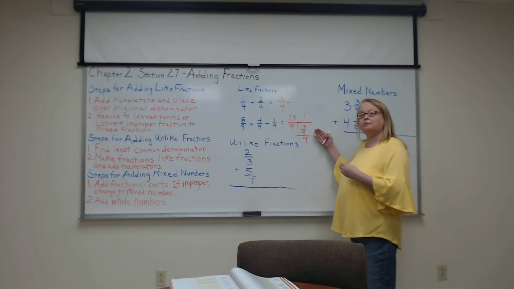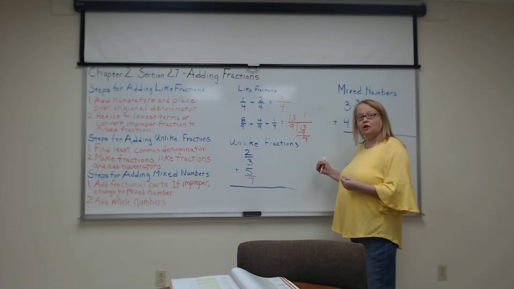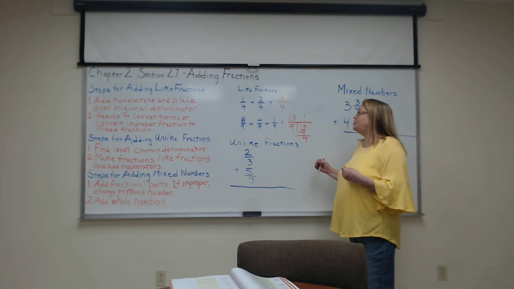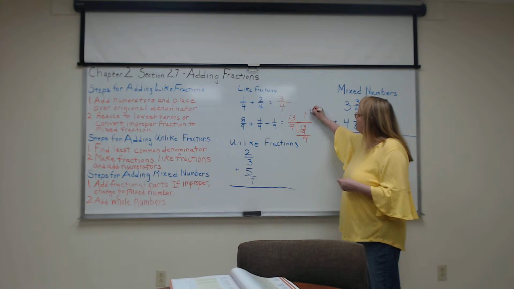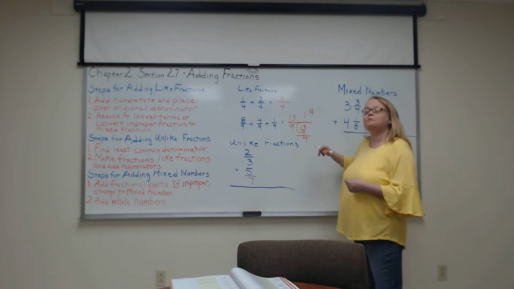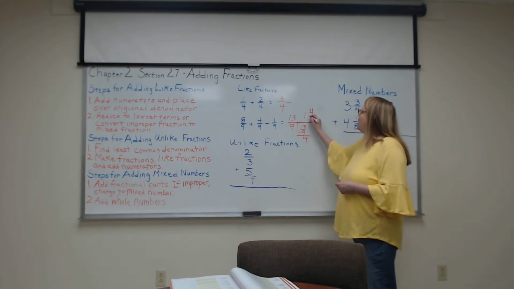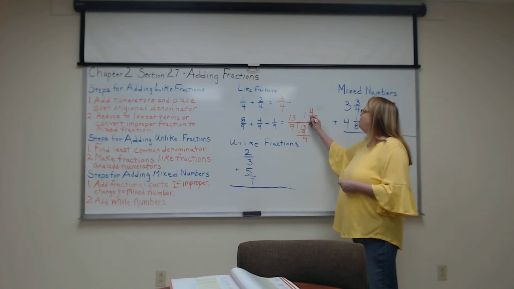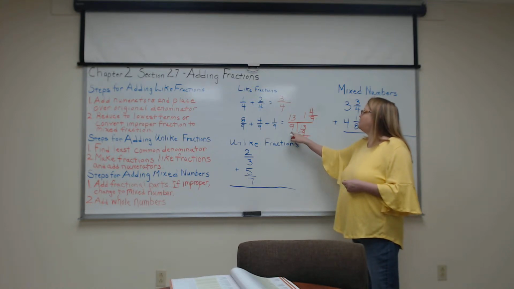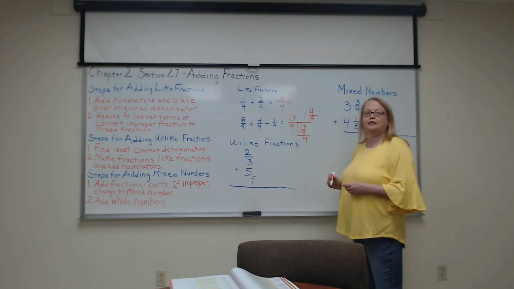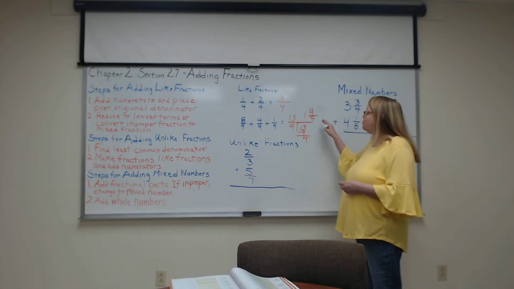So then, if you remember from when we had talked about changing improper fractions to mixed numbers, the remainder here, 4, becomes our numerator, and then our denominator remains the divisor, which is 9. It stays the same. So those are our steps for solving like fractions.